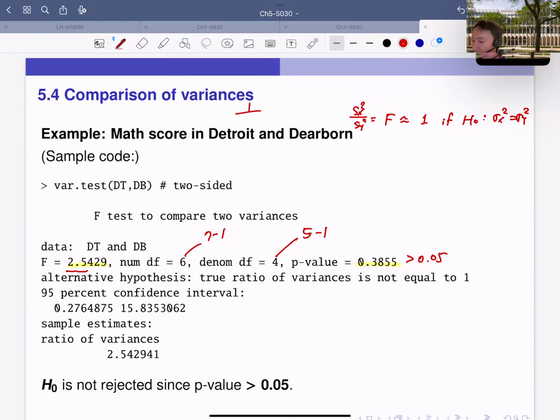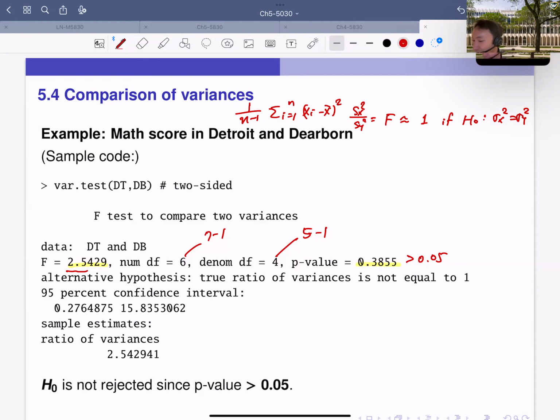Think about the definition of the sample variance. If just one outlier is there, for example, x1 is much larger than x bar, this number gets very large. So it's affected by outliers, extreme observations. So with 7 observations and 5 observations, it's very hard to reject the null hypothesis.